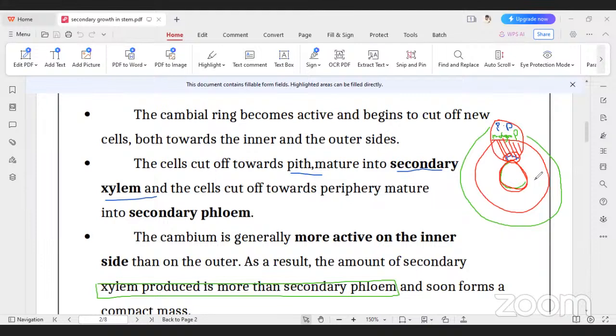Due to this, the external region also needs to increase. That's why an external cambium ring is formed in the external region too. Like the stellar cambium, the external cambium also forms. That is called extrastellar changes.